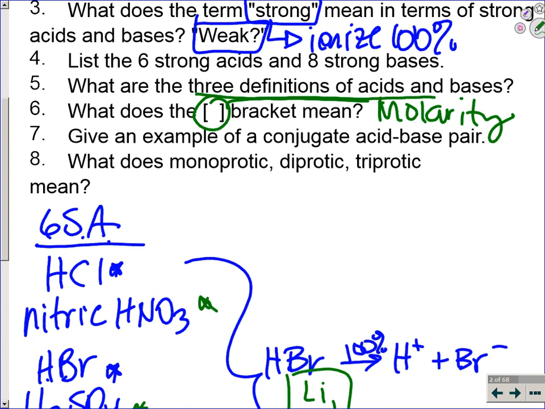Who defined the first one? Arrhenius. They defined acids and bases very specifically. Riley, tell me the second person.